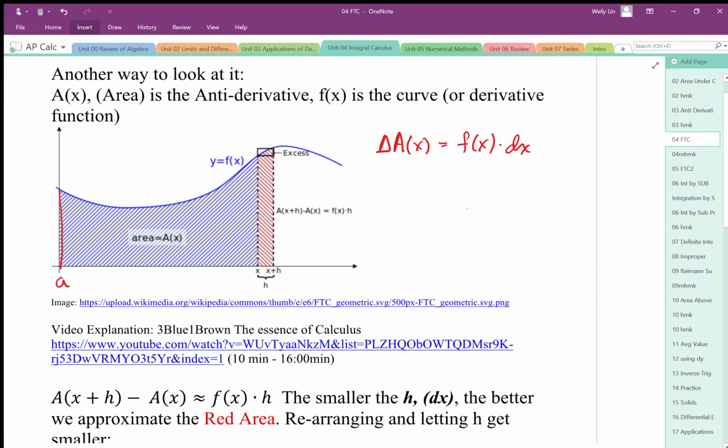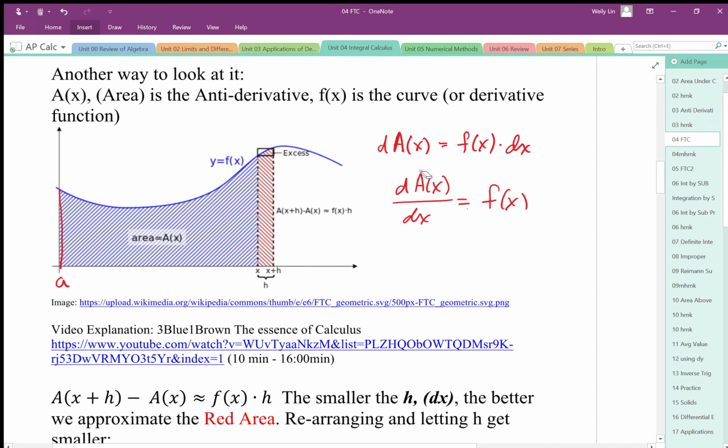Well, if that's really truly the case, then that small area change is calculated by using f times dx, and I can just algebraically rearrange this. So the change in my original area function, which I'm going to call dA, over the change in x must be the blue line f of x.